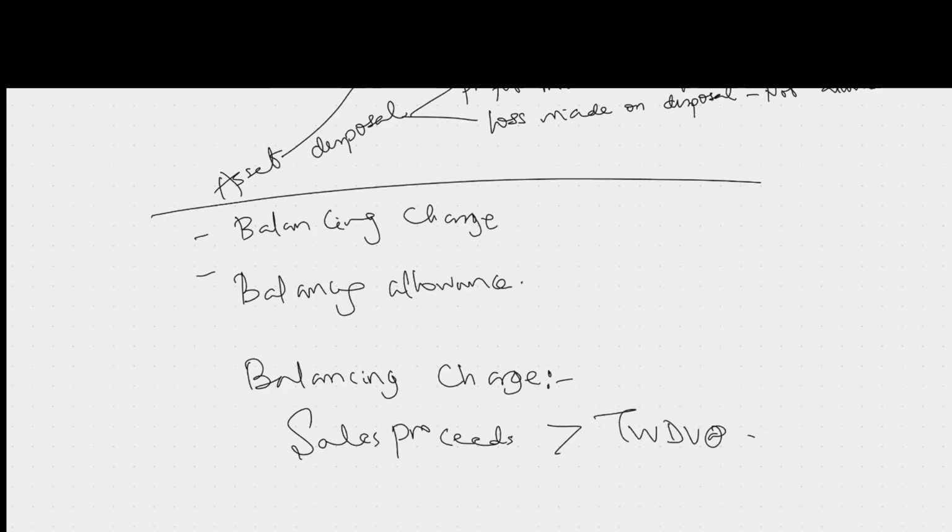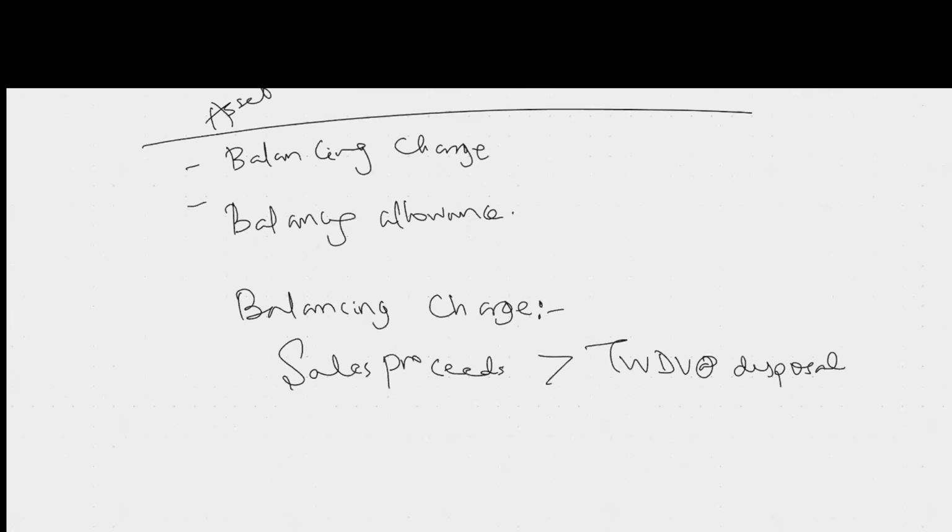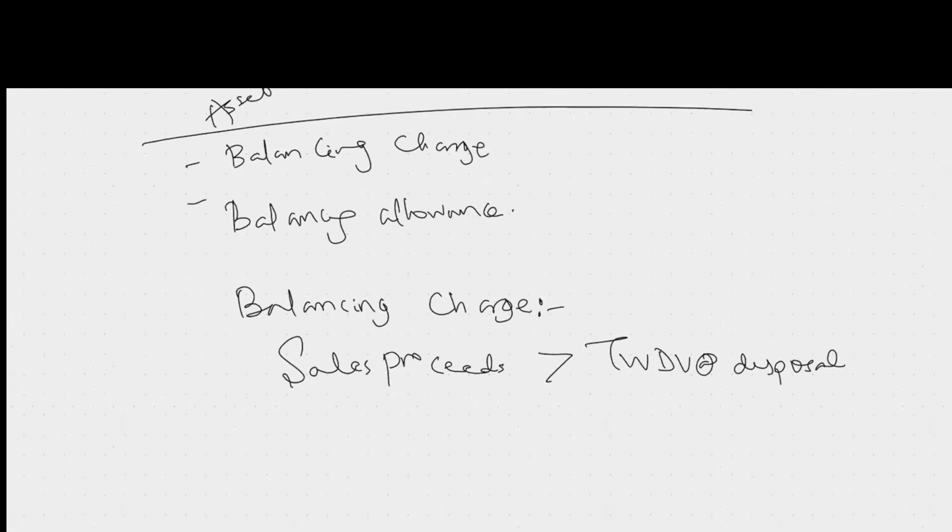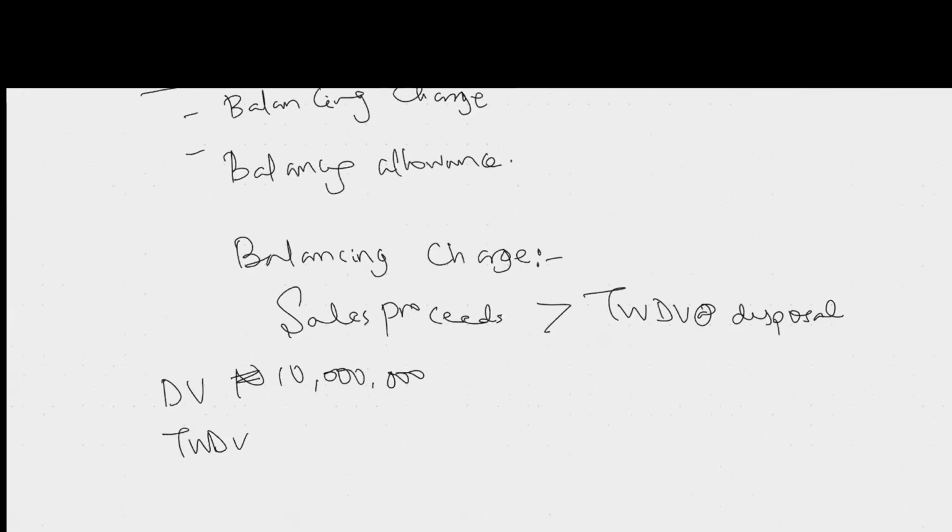Let's say, for example, an asset was disposed of for a disposal value of 10 million. Taxable value at disposal is 3 million. Cost of acquisition is 7,500,000.